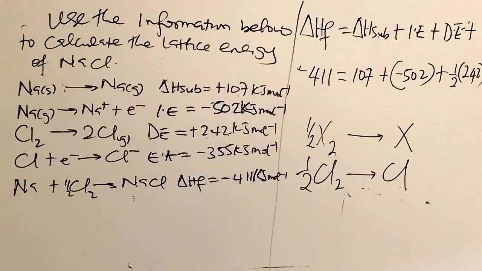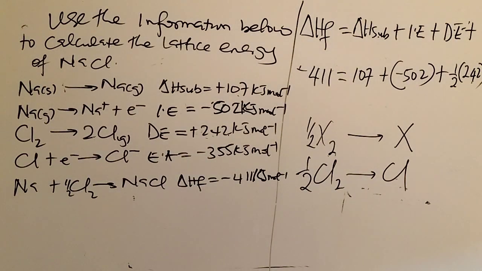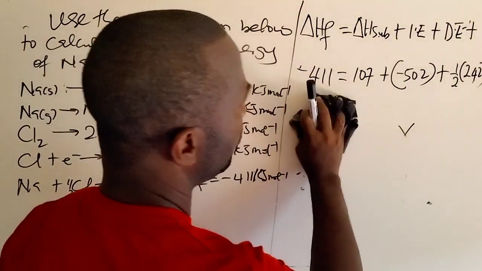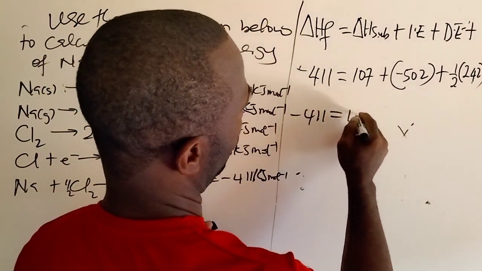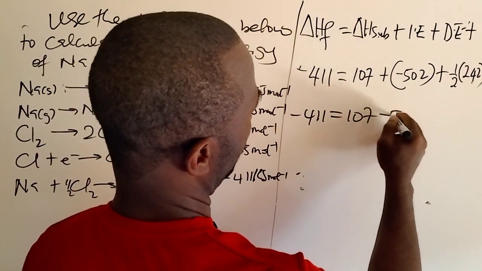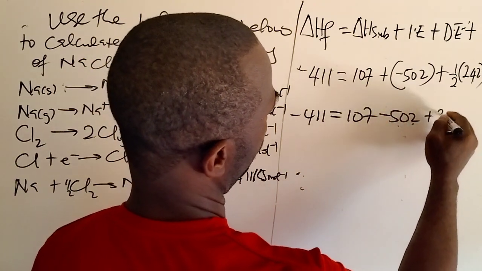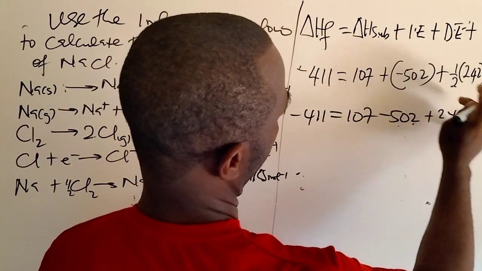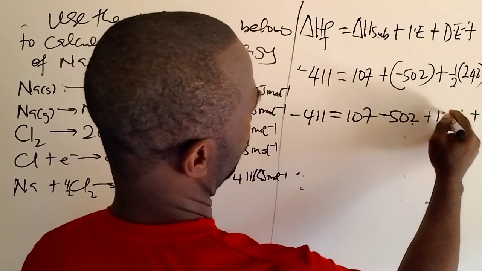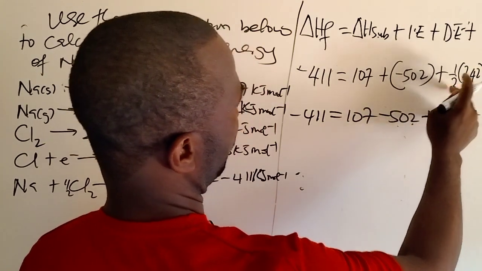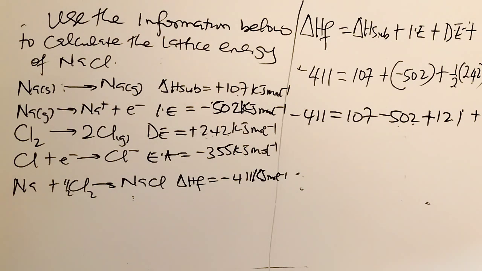So solving this out, what then do we have? We now have minus 411 equal to 107 minus 402 plus 241 plus L, because half times this gives you 2. Okay, that'll give you 121. So half times 242 gives us 121 plus L. We then solve and make L the subject.